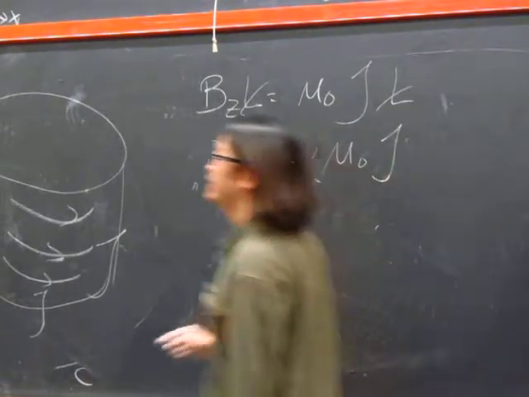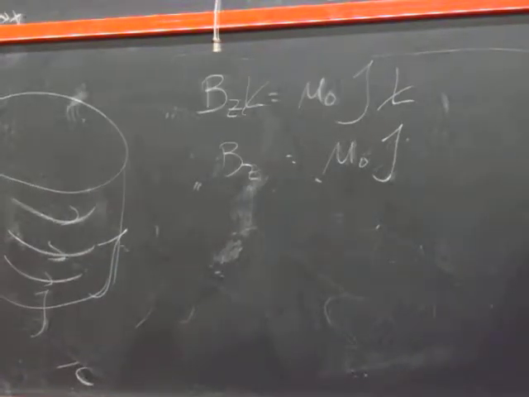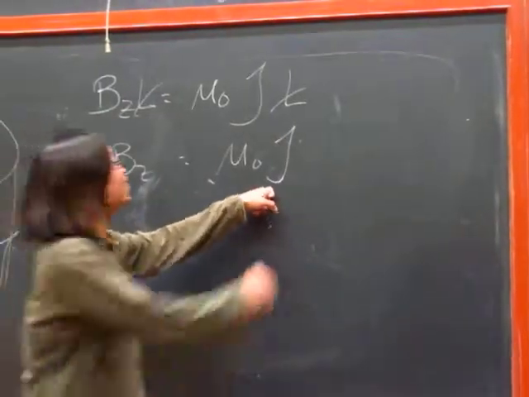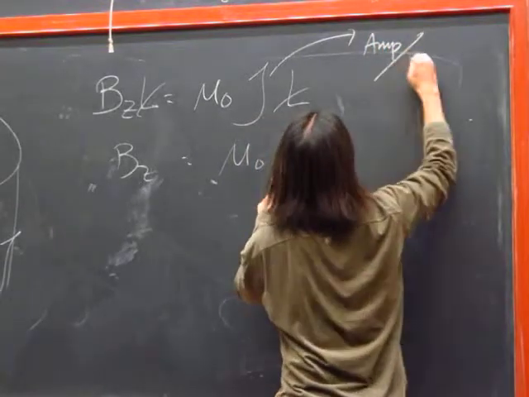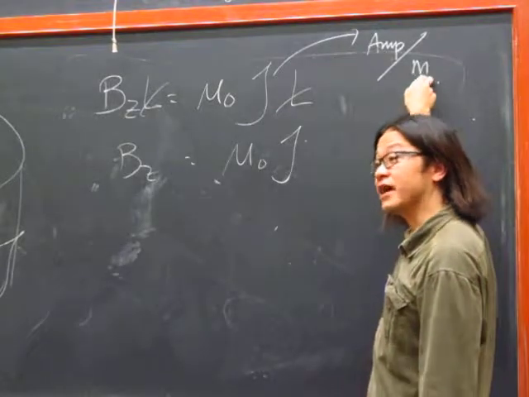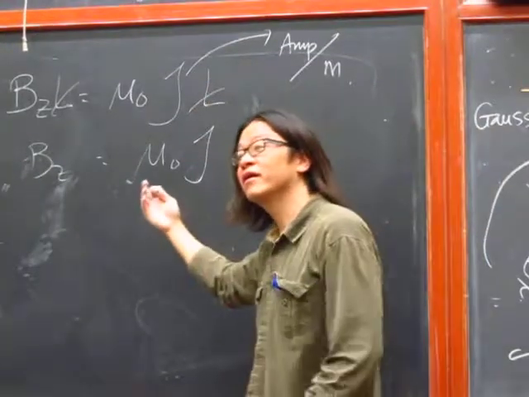The unit is correct, because this is the number of windings per unit length times current. This is just current density. By the way, this has unit of ampere per meter, per length, because this is surface current density, not charge density, which is charge per meter squared.